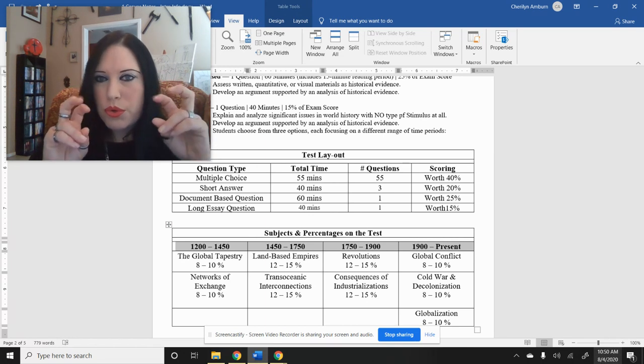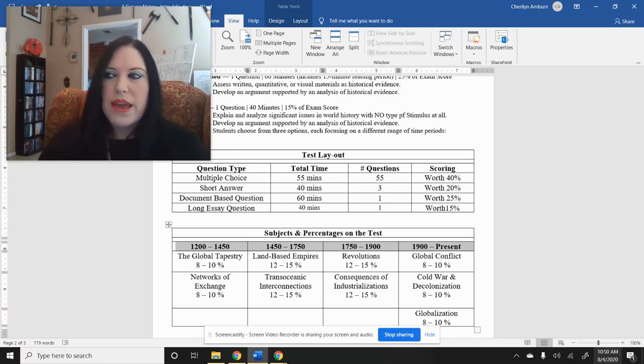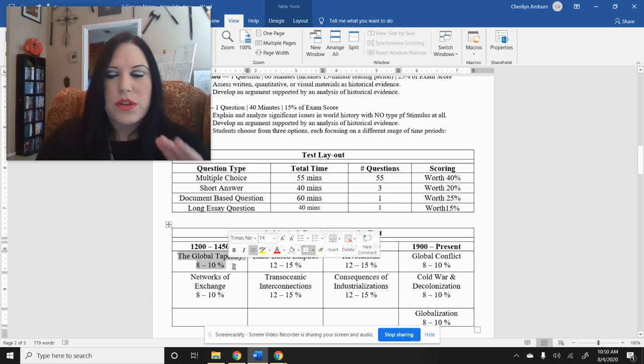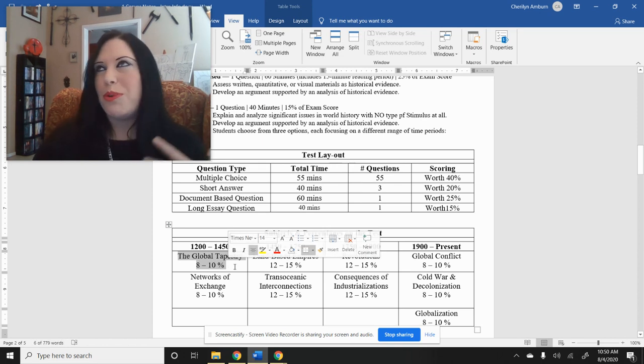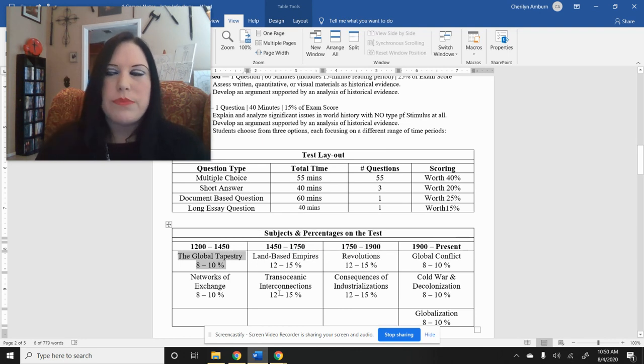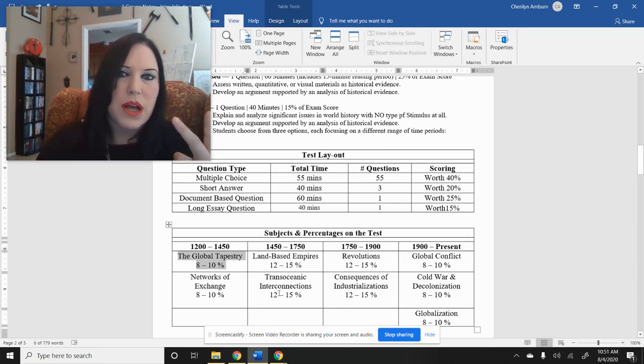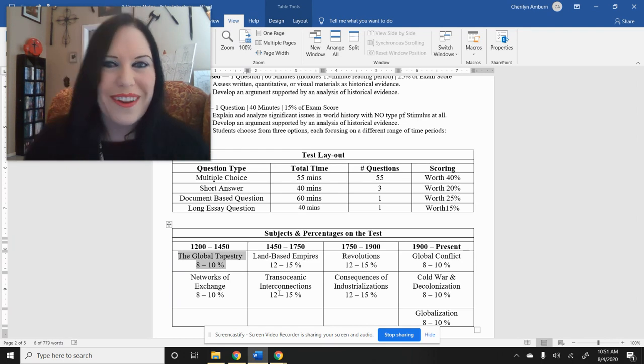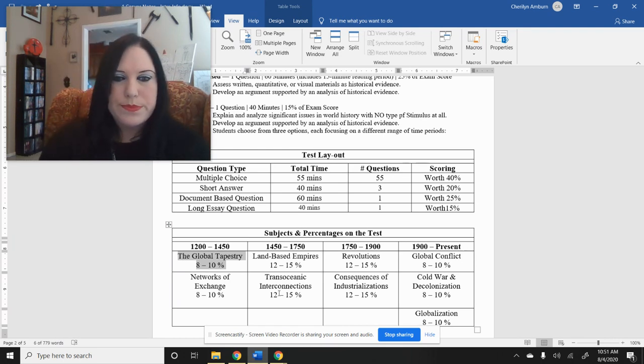Those units are huge, so I have actually cut down these units into smaller sections. The AP calls the first unit the Global Tapestry. What a weird name. That's just early medieval kingdoms. It's going to be our units 2 and 3 in this class, because technically this is unit 1.